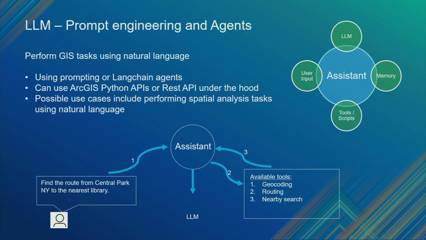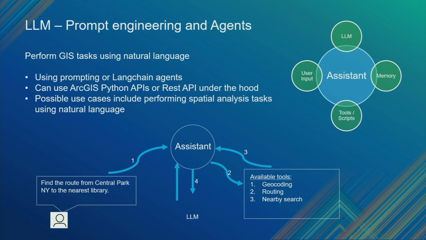It will understand the intent of the user. It will gather all the required input parameters from the user's input. And it will orchestrate a plan that, okay, we need to call tool 1 first, tool 3 next, and tool 2 at the end. It will send this orchestration plan back to the assistant.